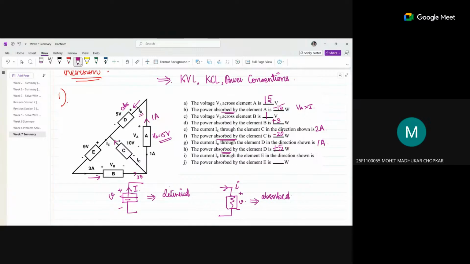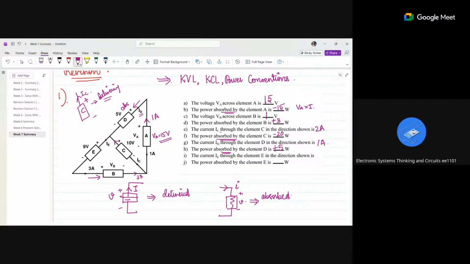Okay. So once you see this type of circuit, first look at the C block, with plus and minus, and the current coming out. Once you see that, you write whether it is delivering or absorbing. Since it is delivering, I'll write delivering.